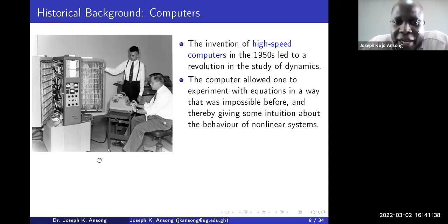The computer allowed scientists to experiment with all these nonlinear equations that they couldn't solve before, and to look at combinations of parameters and see how the system evolves with time, which was difficult before computers, because then you have to compute this by hand. Okay, so that gave scientists and mathematicians intuition about the behavior of nonlinear systems.